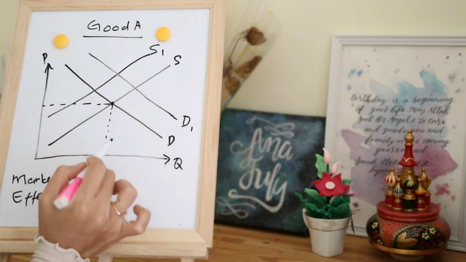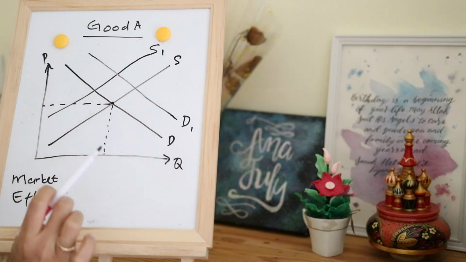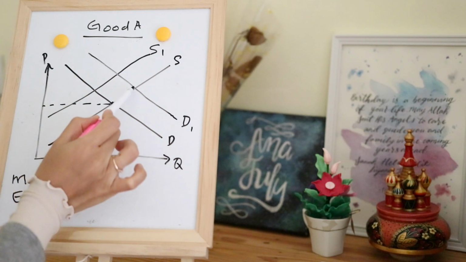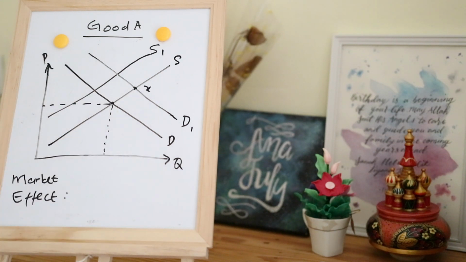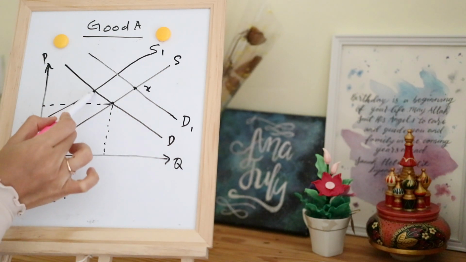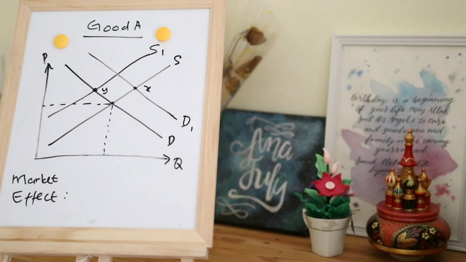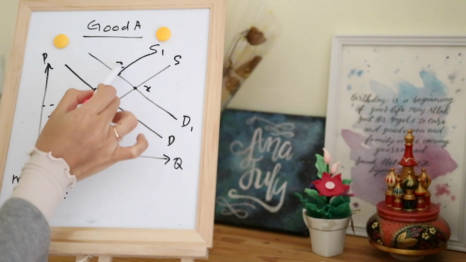Where S touches D at this point, this is the original point. So when you have this situation, where will be the new equilibrium point? Can you have a guess? Will it be at this point X, or will it be at this point Y, or will it be at this point Z?